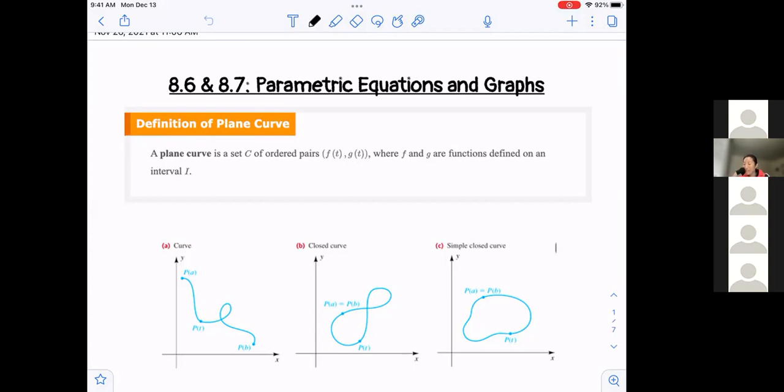And then one last do we remember question. Do we remember the rectangular equation for a circle with a radius of 5 centered at the origin? That was a long question. There's another version, right?